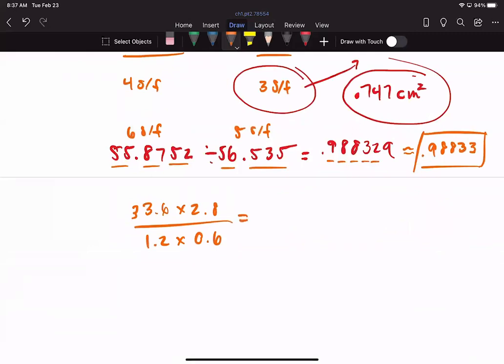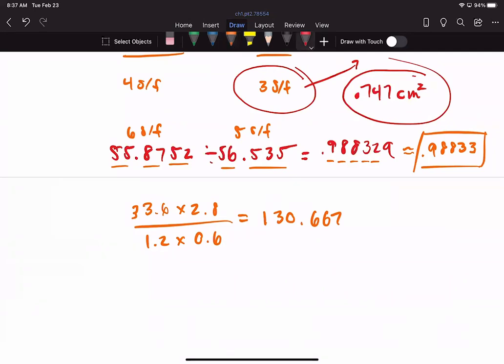I have multiplication and I have division. So let's calculate this: 33.6 times 2.8 divided by 1.2 divided by 0.6, and my answer is 130.667.